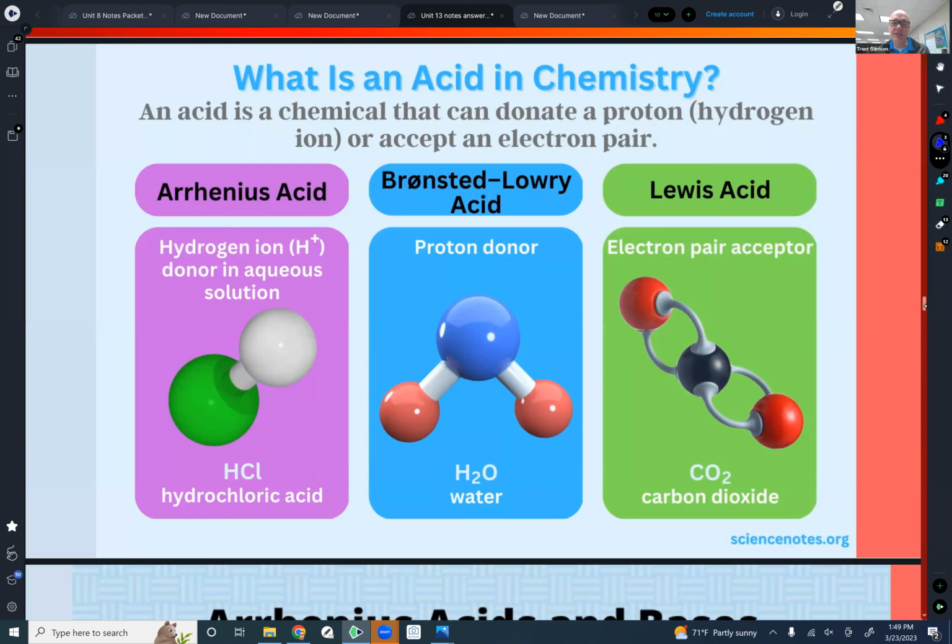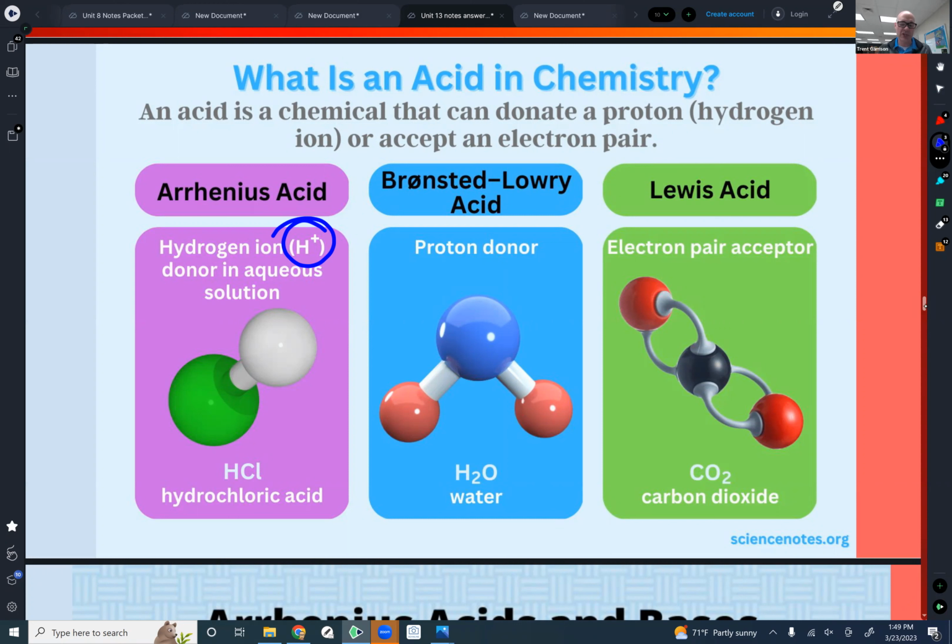All right, now we're into the classification. There are three ways in which you can classify an acid. The Arrhenius acid means that you donate an H. Well, the Bronsted-Lowry, it kind of says the same thing. It says you donate a proton. Well, what is a hydrogen ion? It's a proton, so it's the exact same definition.